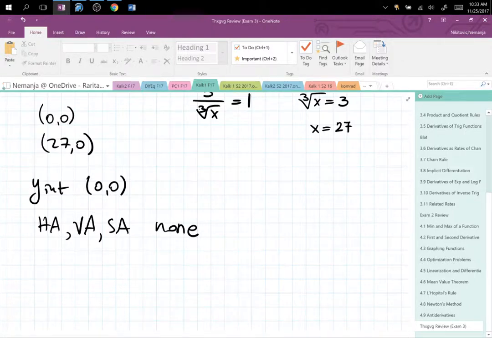So we are through with the domain, x-intercept, y-intercept, and we are through with 3 asymptotes, so it's time for the first derivative test.